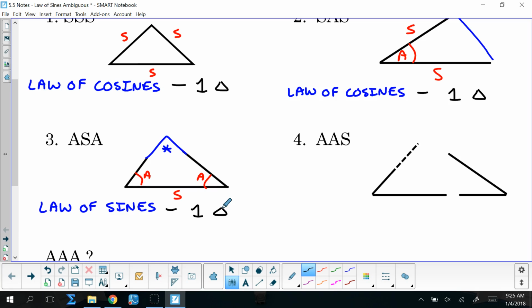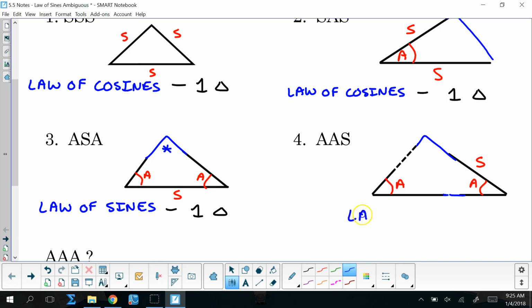Angle, angle, side. Now I would have an angle here and an angle here and a side that's not in between them. If I combine those two angles, I have my complete fraction for the law of sines.